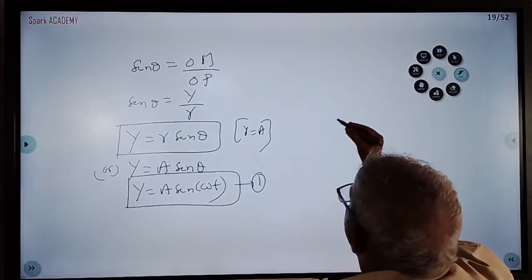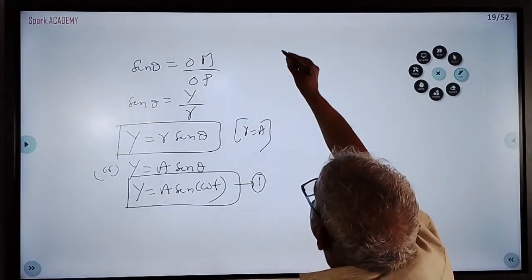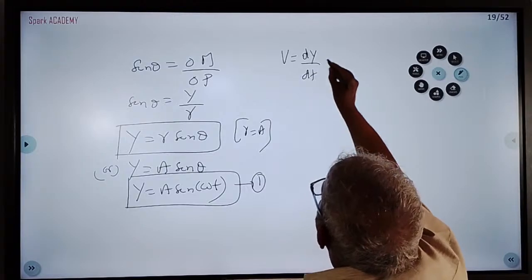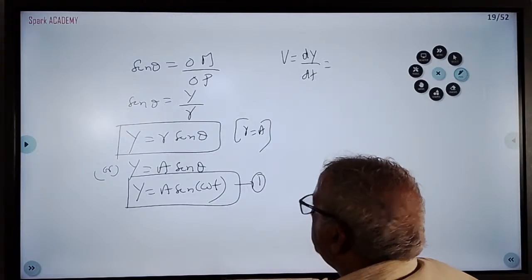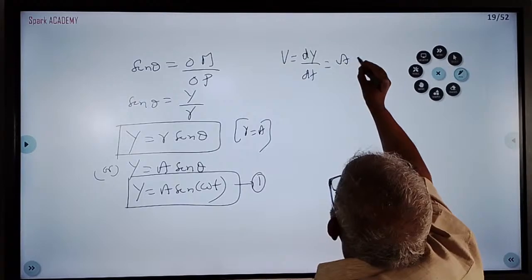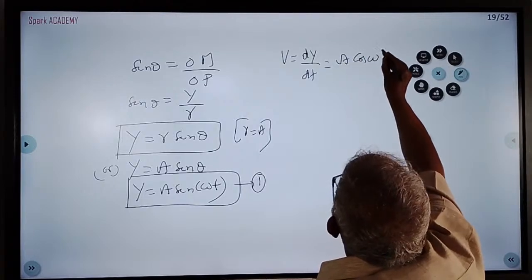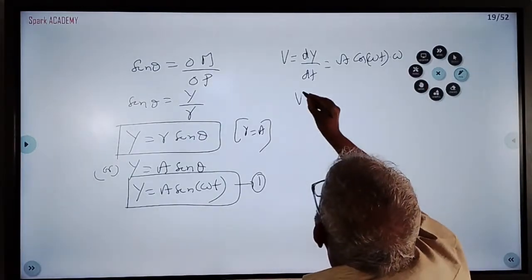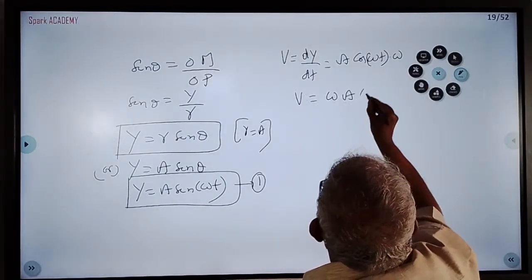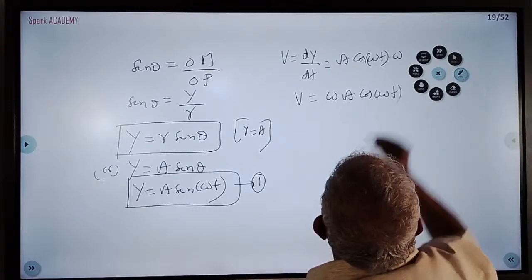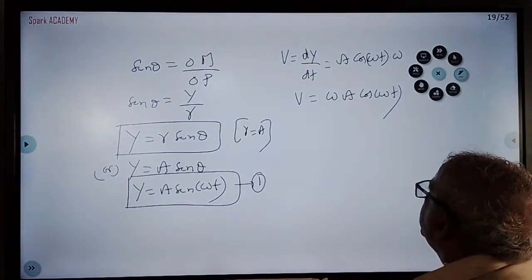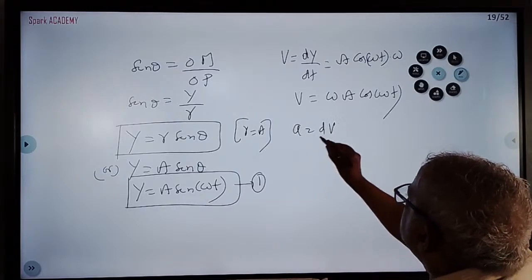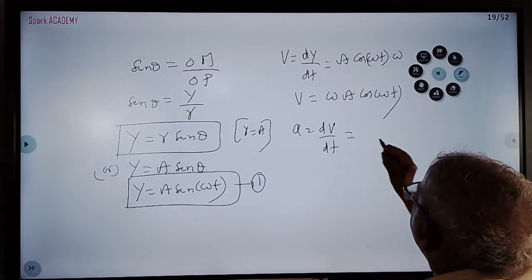I am differentiating to find velocity. Velocity is dy by dt. If you differentiate A sin omega t, you get cos omega t into the differentiation of omega t, which is omega. Therefore velocity is omega A cos omega t. Again, acceleration is the rate of change of velocity.